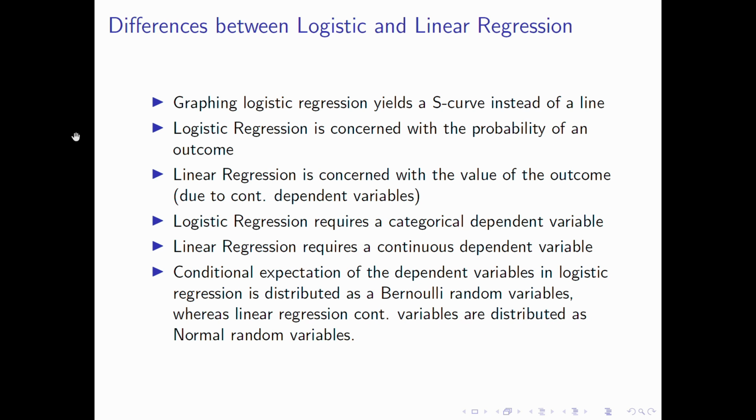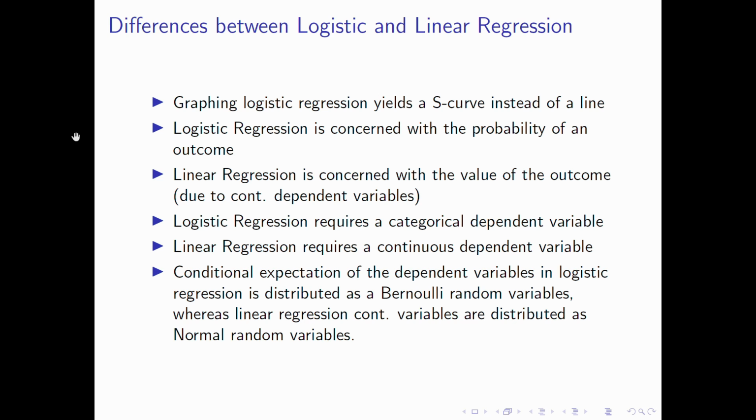Some of the main differences between logistic and linear regression are that graphing logistic regression yields an S-curve instead of a line for linear regression, and that logistic regression is concerned with the probability of an outcome, while linear regression is concerned with the value of that outcome due to its continuous dependent variables.